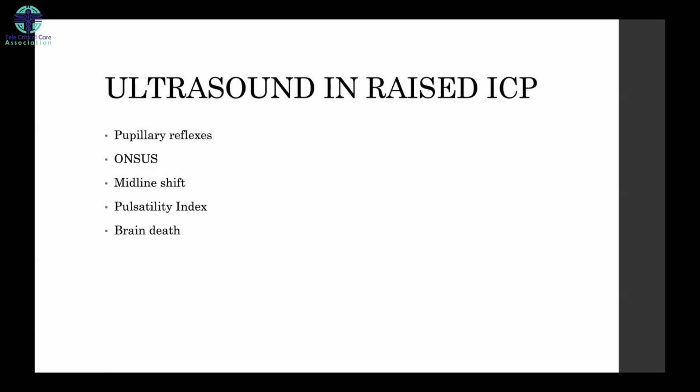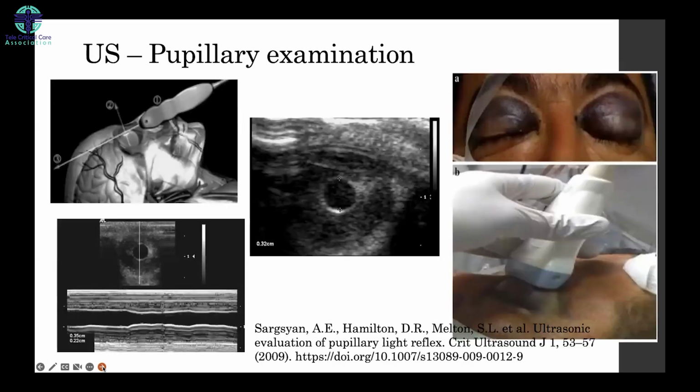And again, by using transcranial Doppler in a head injury patient, if the ICP increases, we can even diagnose brain death, and we can use transcranial Doppler as an ancillary test for diagnosing brain death.